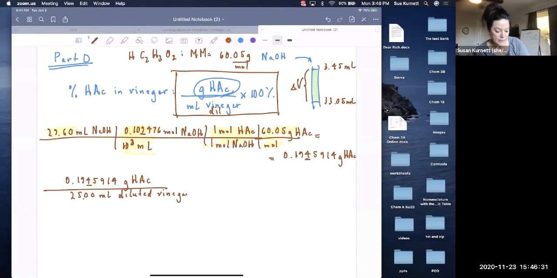And if we're making a percent, we always multiply by 1 in the form of 100 over 100. And then the over 100, we call percent.